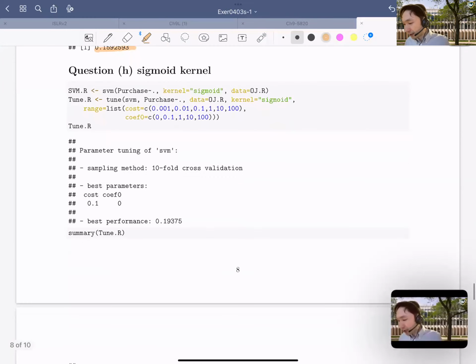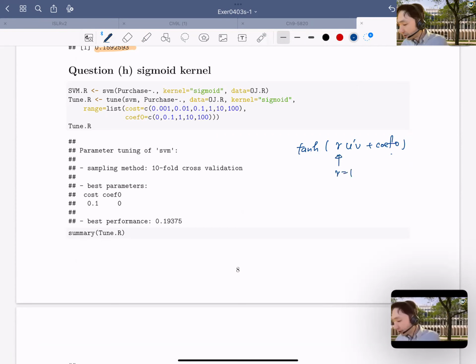And the sigmoid kernel, it sounds like the sigmoid kernel does not work well. You can see the formula: the inner product is the hyperbolic tangent of gamma times u transposed v plus coef 0. So either gamma or coef 0 is a parameter. I set gamma equal to 1, which is, I think, the default value, and I changed the coef 0 value.